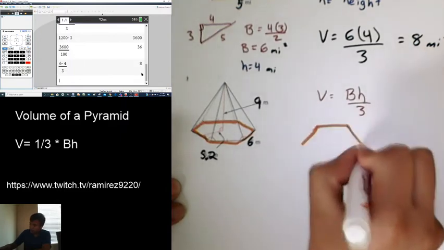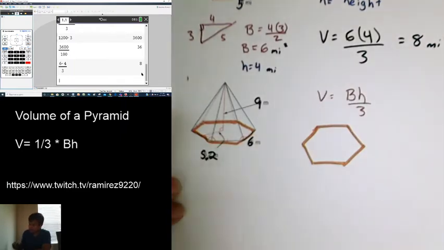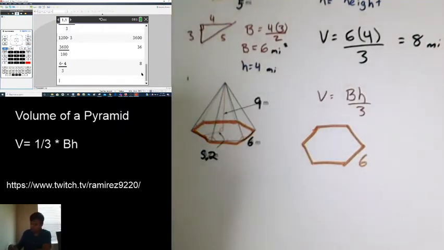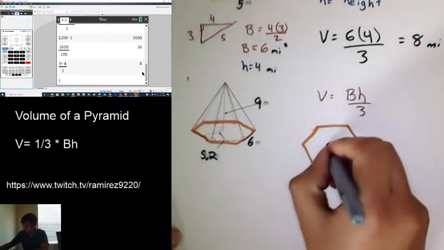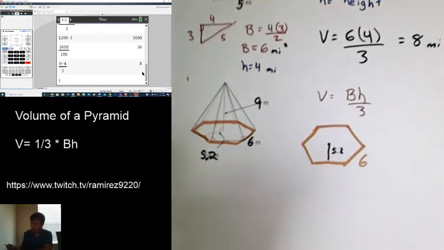This is a regular hexagon, and I know this because of the tick marks on the figure. So if each side is 6, and my apothem, which is already given, is 5.2, I don't really have to do much to find the area here.